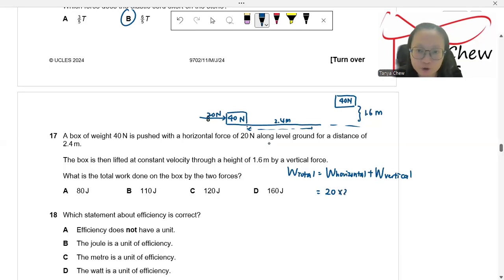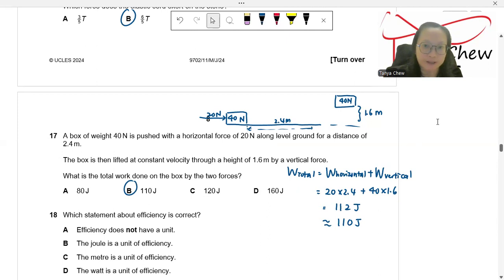So it's 20 times 2.4, plus, now the box is being lifted, you just use mgh. The weight of the box is already given, which is 40, times the height, 1.6. When you work it out, you should get 112 joules, and I round it off to 110 joules, which is B.